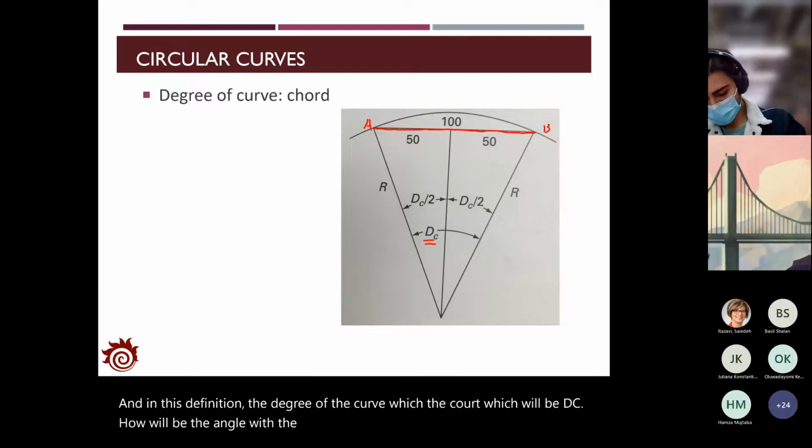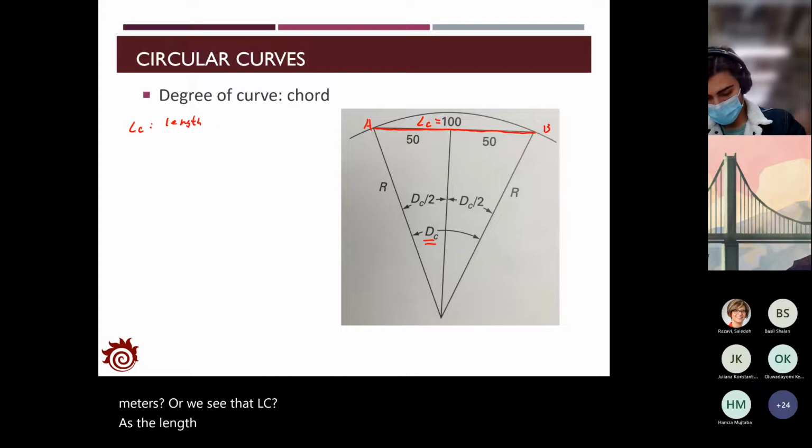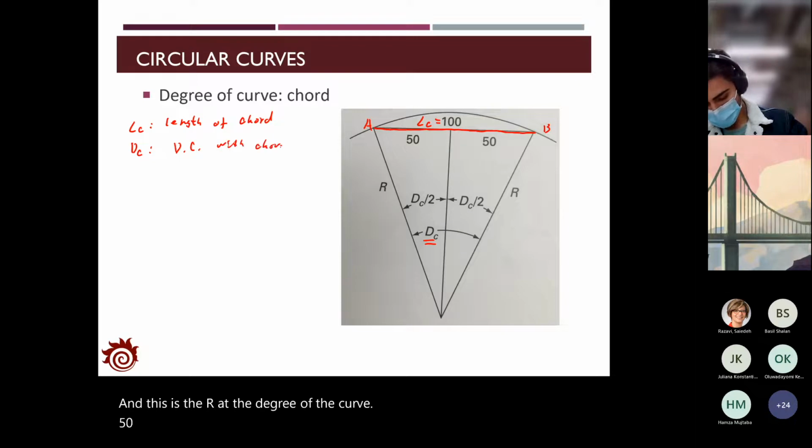So LC equals 100 meters. We say that LC is the length of the chord, and DC is the degree of the curve with the chord definition.